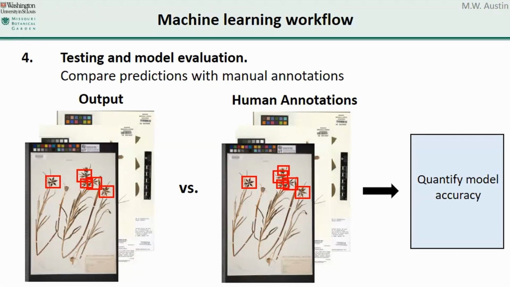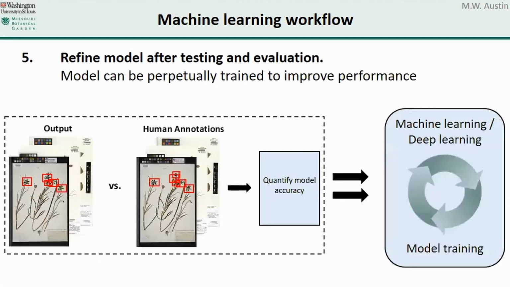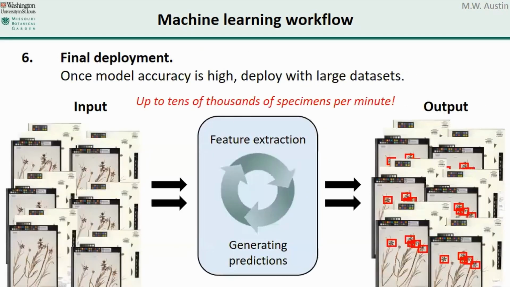If model accuracy is not at a sufficient level, repeated iterations of training can be undertaken to perpetually increase model accuracy until it's at a sufficient level. And once model accuracy is at a high level, that model can be deployed with truly as many images as you would like. And at this stage of final deployment, machine learning algorithms have a very high processing speed. They can literally process up to tens of thousands of specimens per minute.